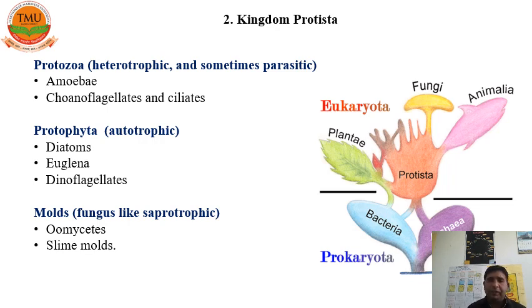Their life is like fungi, like slime molds and several types of oomycetes. Many of them are parasites of several types of crops, and they cause much harm to crops, and many are beneficial too.